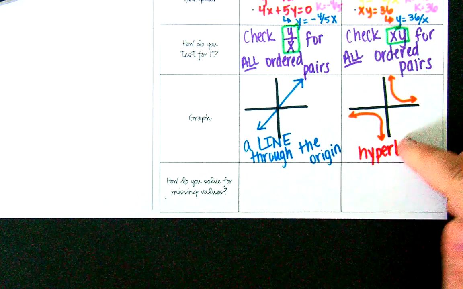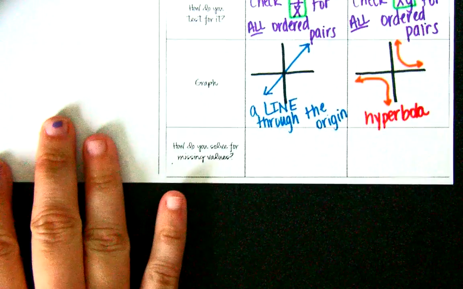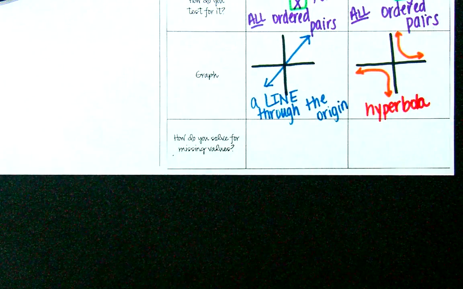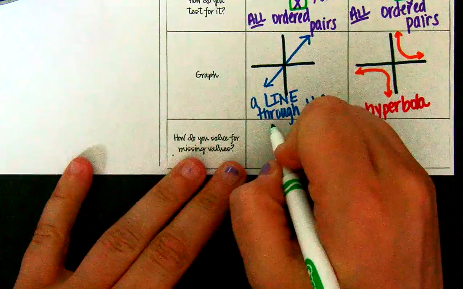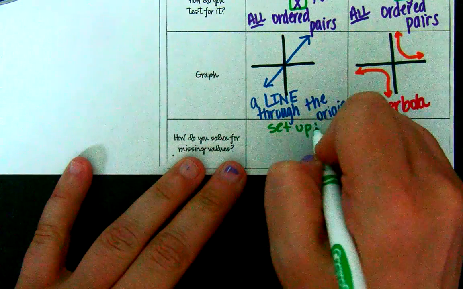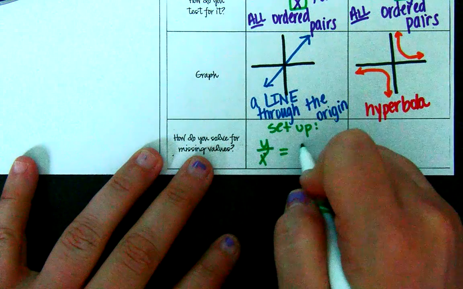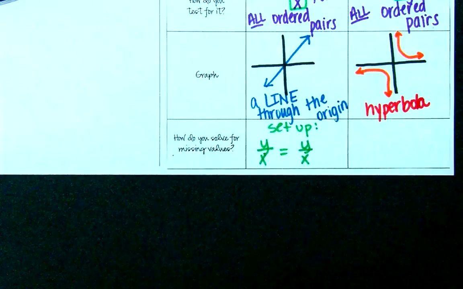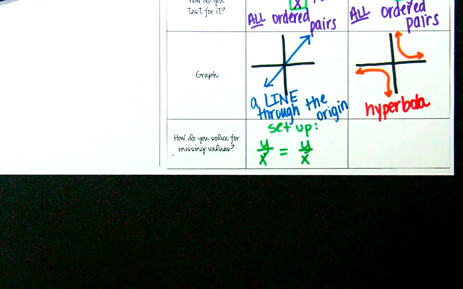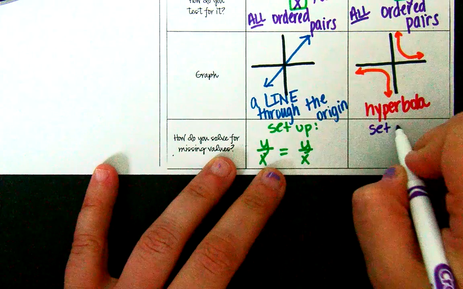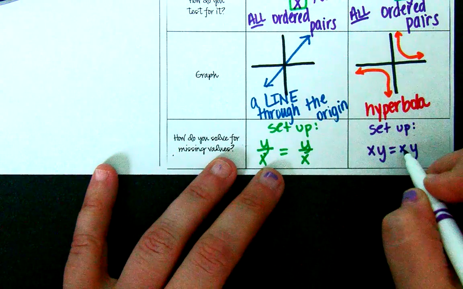So inverse variation makes a hyperbola. And the last thing, how do we solve for missing values? For direct, the setup is y divided by x equals y divided by x. And for inverse, the setup is x times y equals x times y.